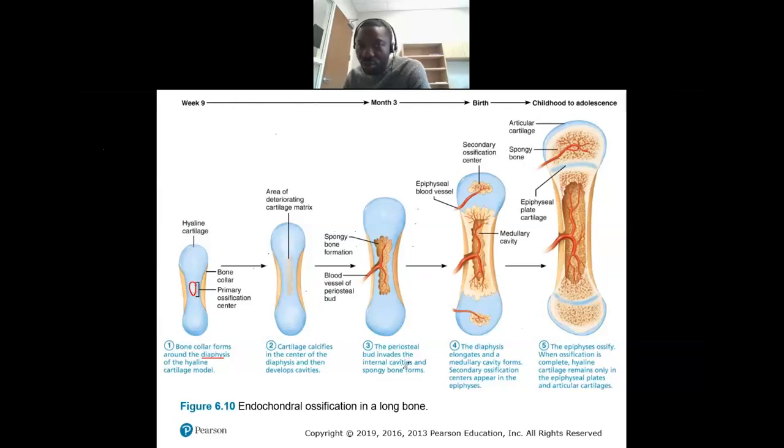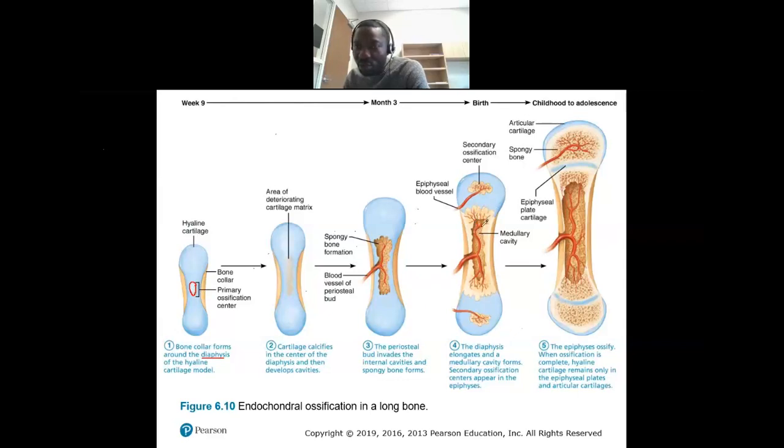Now, the periosteal bud will invade the internal cavities and spongy bone will form. So the first thing that forms in bone formation is spongy bone. So you see spongy bone is forming here. Blood vessels have already invaded the area, then spongy bone forms. Now the next thing is that the diaphysis will start to elongate. So you see it's limited to this area before, as the primary ossification center.